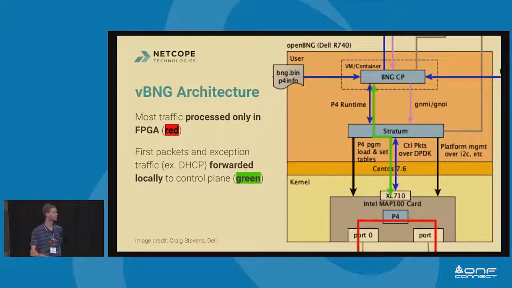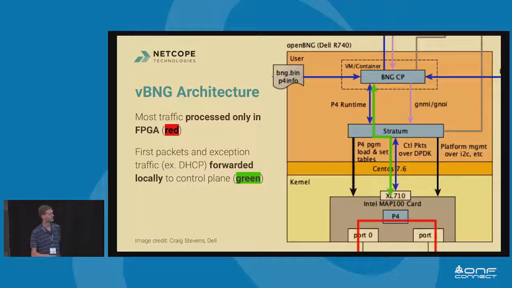Now here's the architecture of the vBNG, and we will focus this presentation on the data path, which is the Intel FPGA card. Most traffic is processed on this card without ever reaching the CPU. Only some control traffic, exception traffic, and so on is forwarded to the control plane.